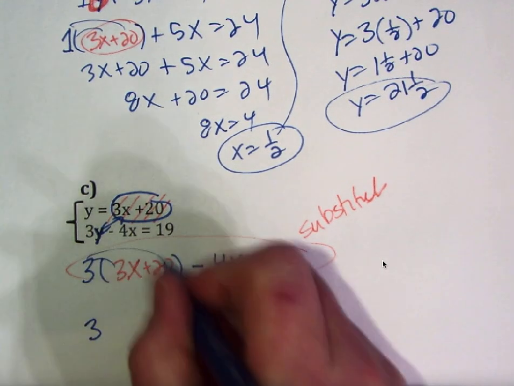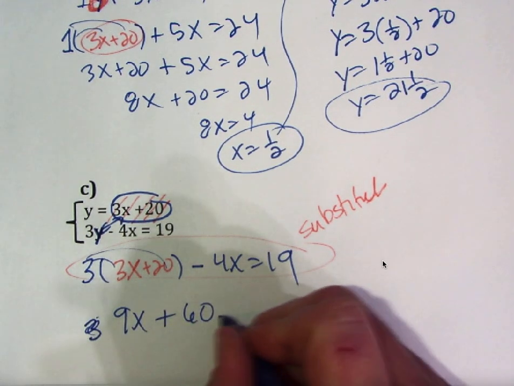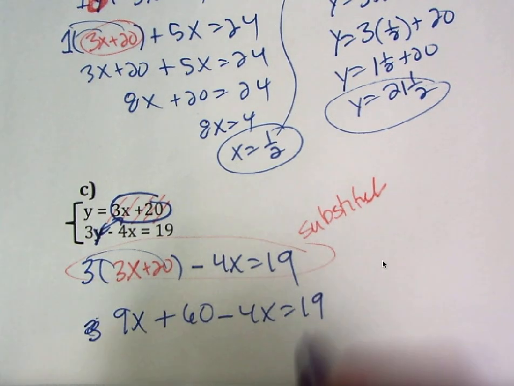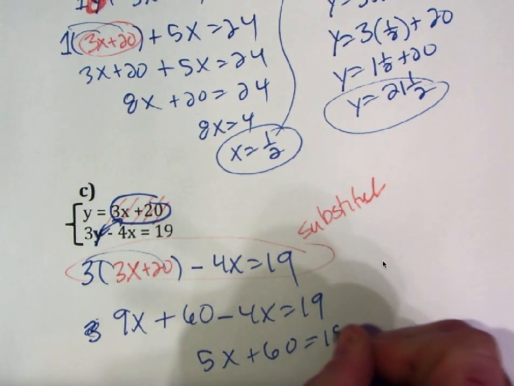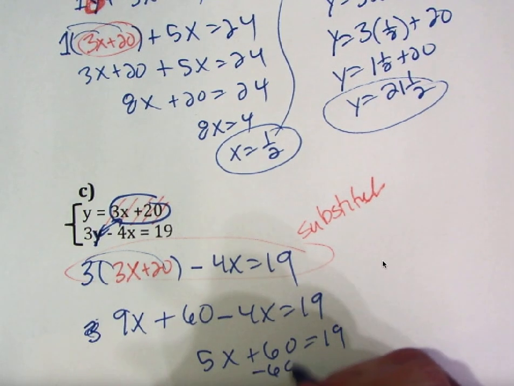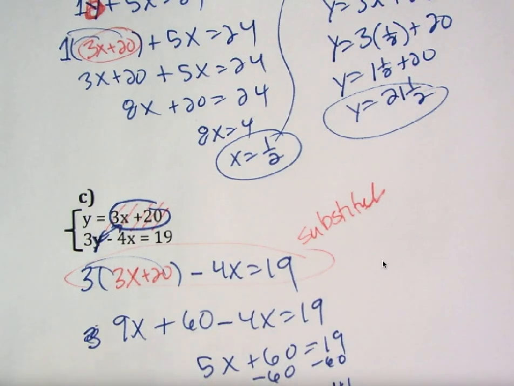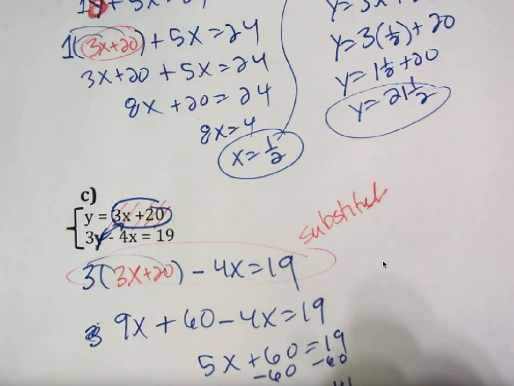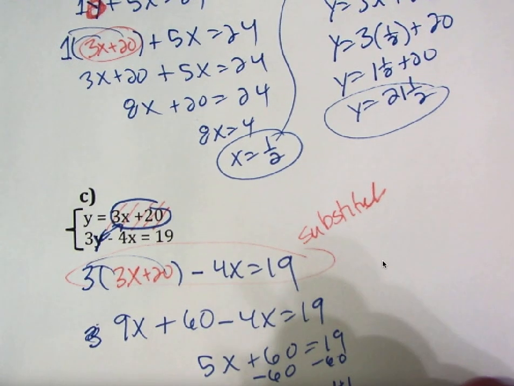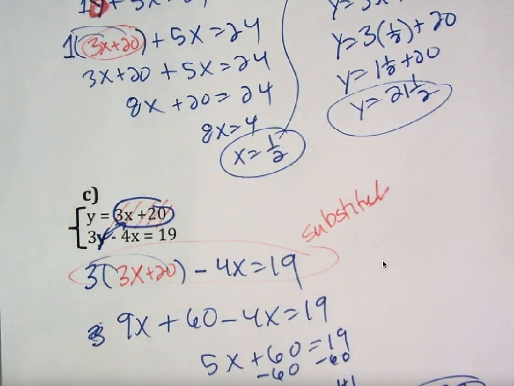We distribute. You get 9x plus 60 minus 4x equals 19. Combine like terms. Solve for x. You get negative 8.2. Whoops.